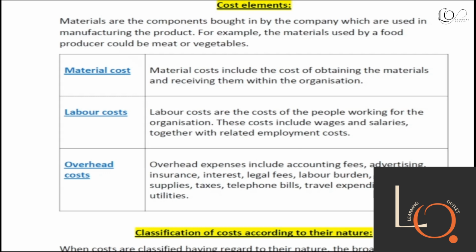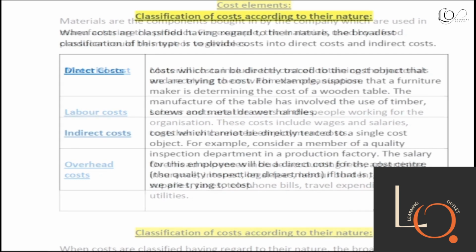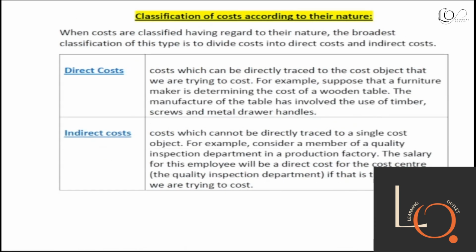So first we had division based on behavior. Then we had division based on the elements. Third, we have division based on nature. Now, nature generally divides costs into two categories only: direct nature or direct costs and indirect nature or indirect costs.